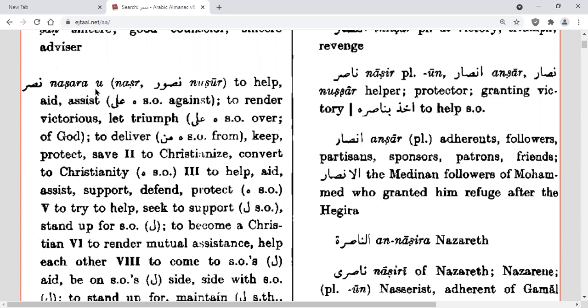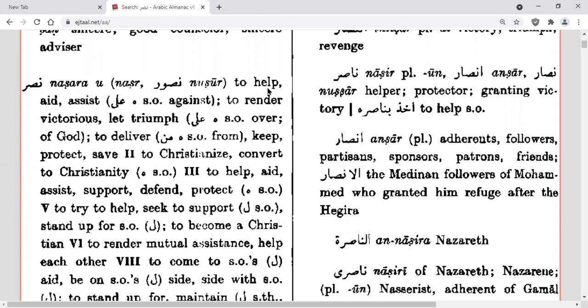Nasoro, yangsoro. This is the basic information we get for third person singular male active past tense, and this is the vowel for the second root letter that gives us the third person singular male active present tense conjugation, yangsoro. So the base meaning is to help. So we can formulate the meaning for passive participle.